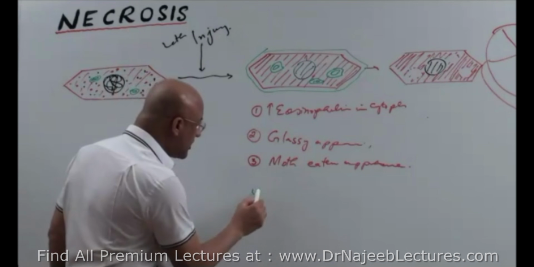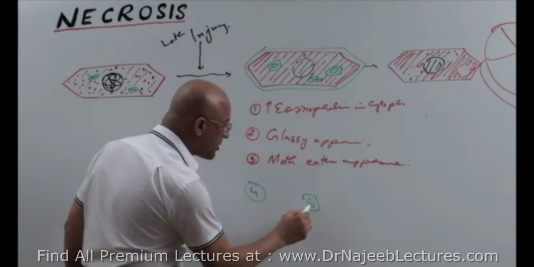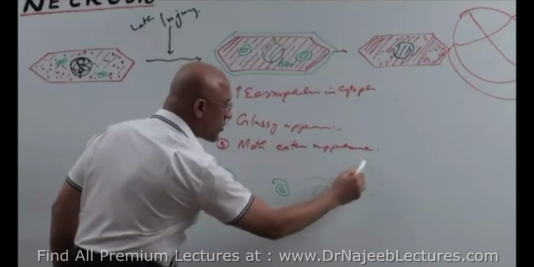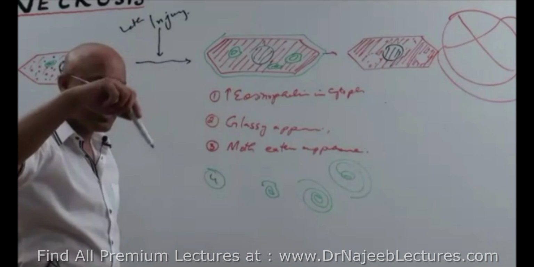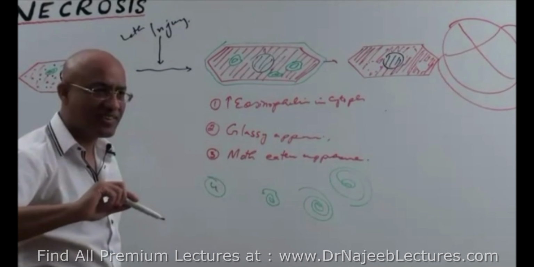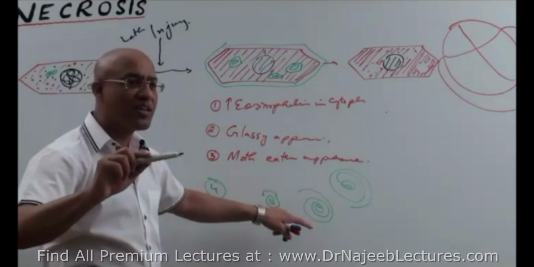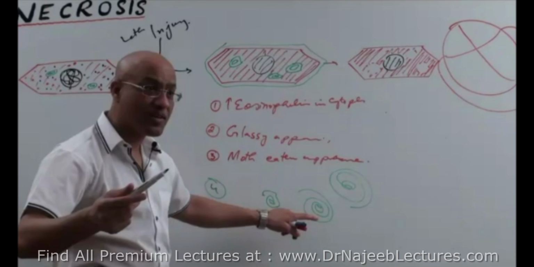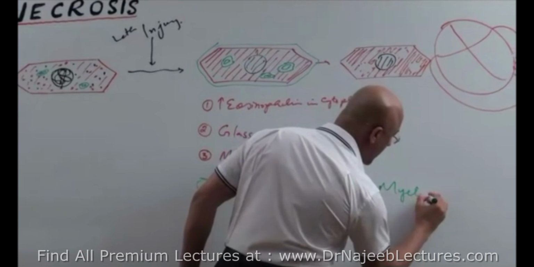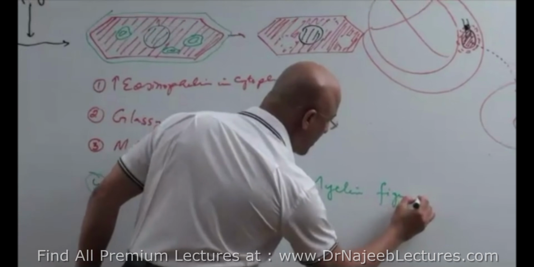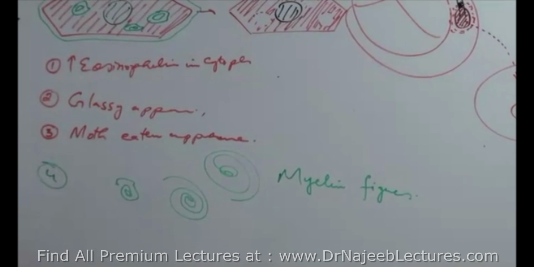Usually they are whorled, they look like this, whorled phospholipid masses. These are just crumpled membranes. These are called myelin figures.